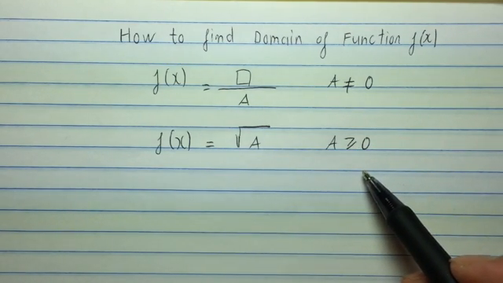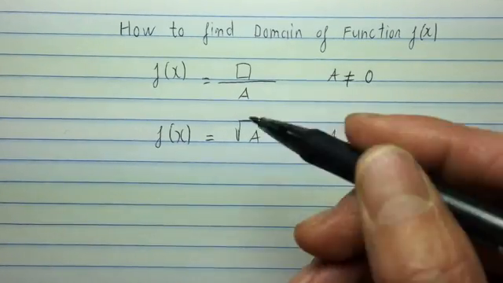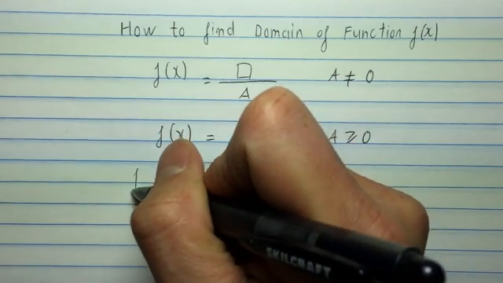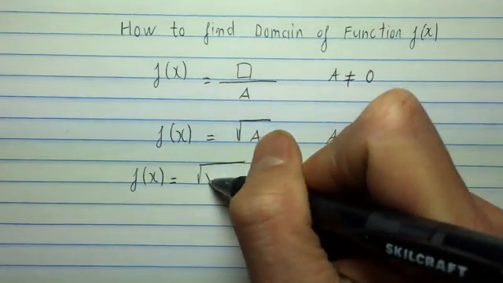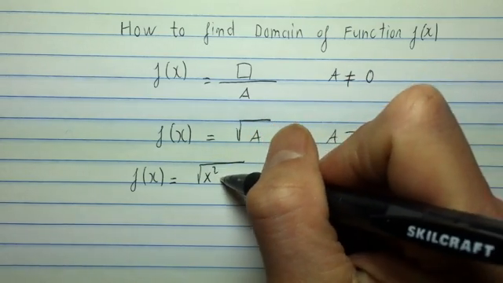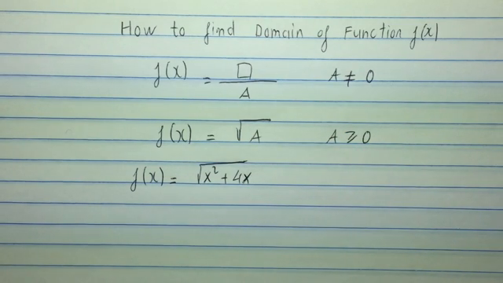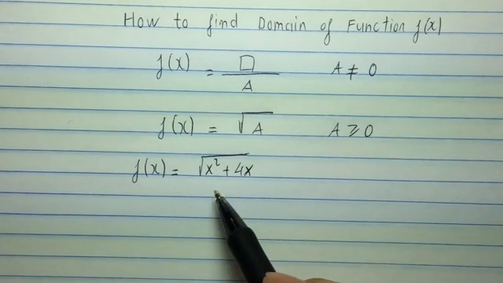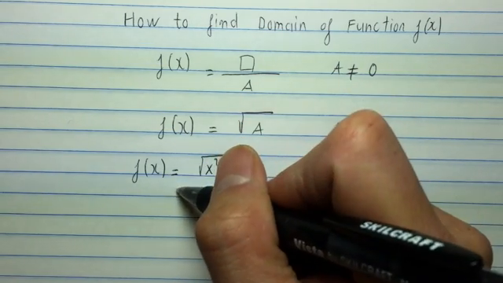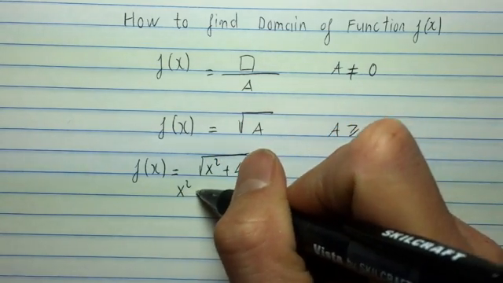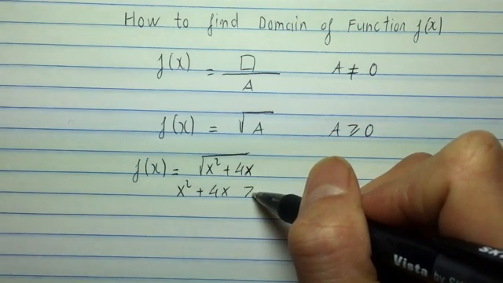So now I will do an example. I have a function f(x) equals the square root of x squared plus 4x. So the condition for the radical is x squared plus 4x is always greater than or equal to 0.